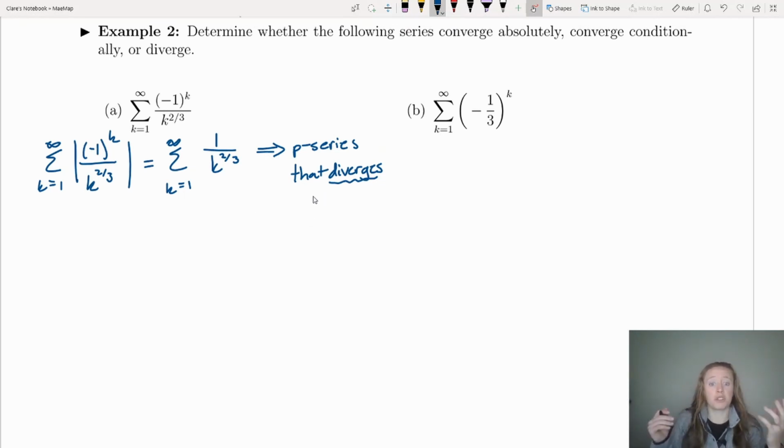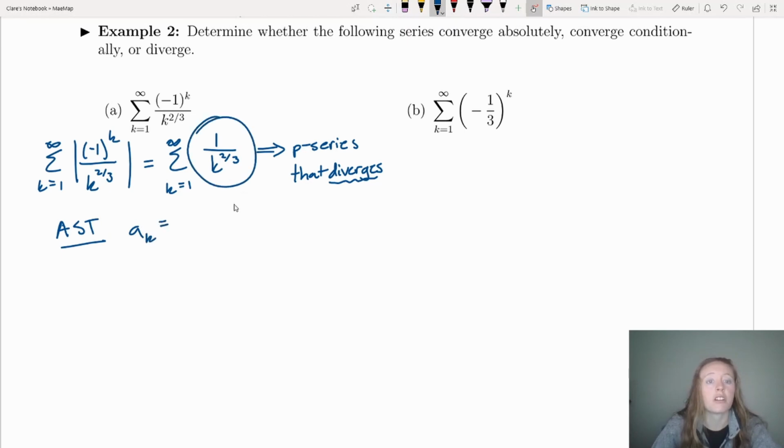Therefore, I'm one of two things. My whole overall series is just going to diverge, or it's going to converge conditionally. But we've completely eliminated the possibility that it's going to converge absolutely. So now we need to go into the alternating series test to determine what this series does. So going into the AST, we kind of got our a sub k value right up here for us.